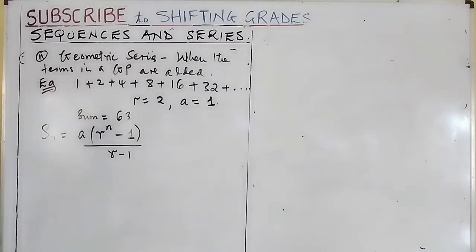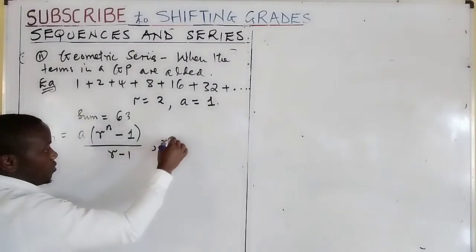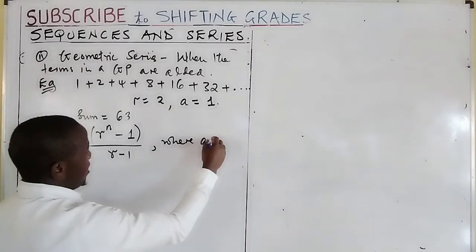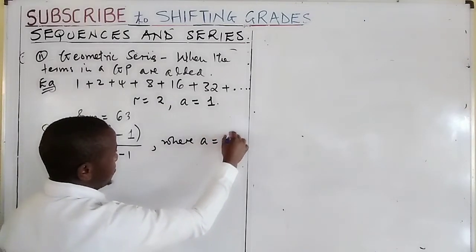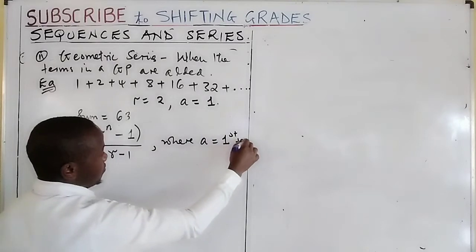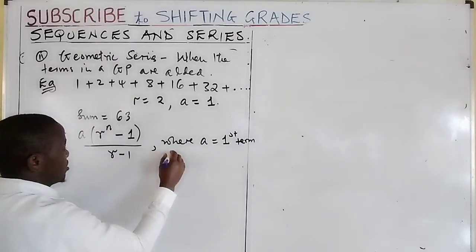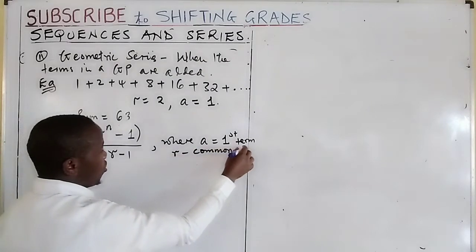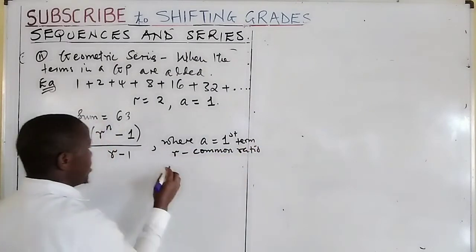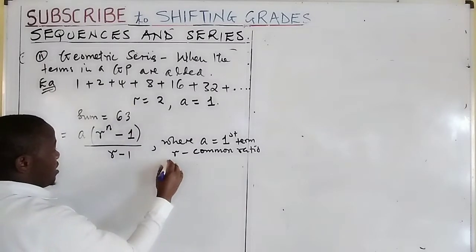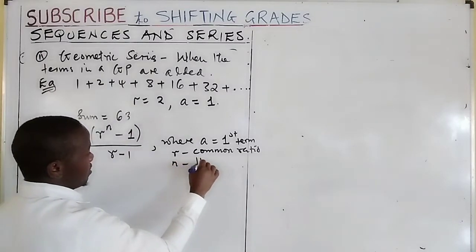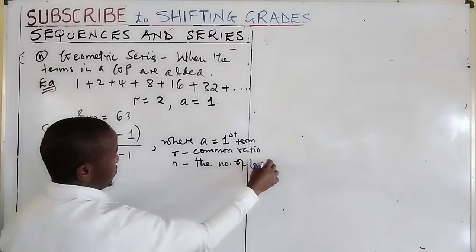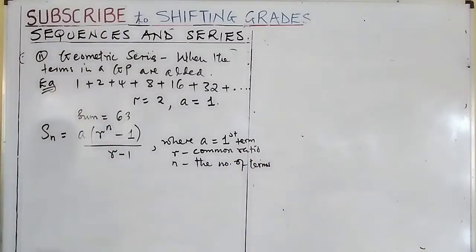We can check this formula, where a is the first term and r is the common ratio in that series. Then we have n as the number of terms.